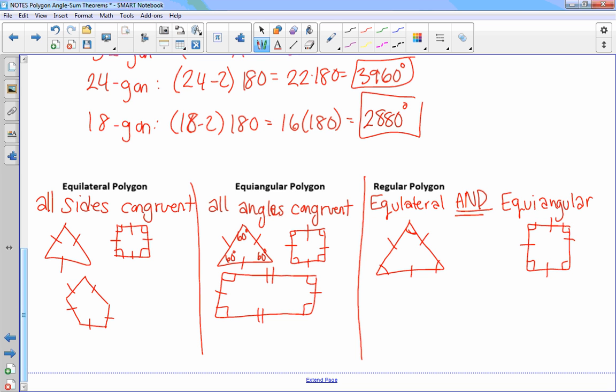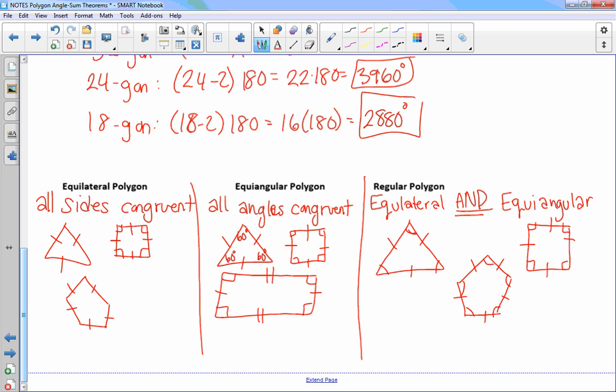Can we have a pentagon that is both equilateral and equiangular? Yeah, if you draw it carefully. And on the next page, we'll solve and find out what the measurement of each of those angles would have to be in order for that to work.